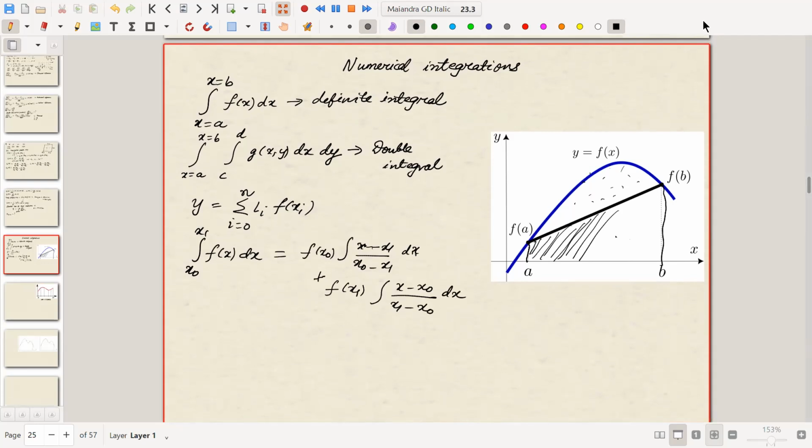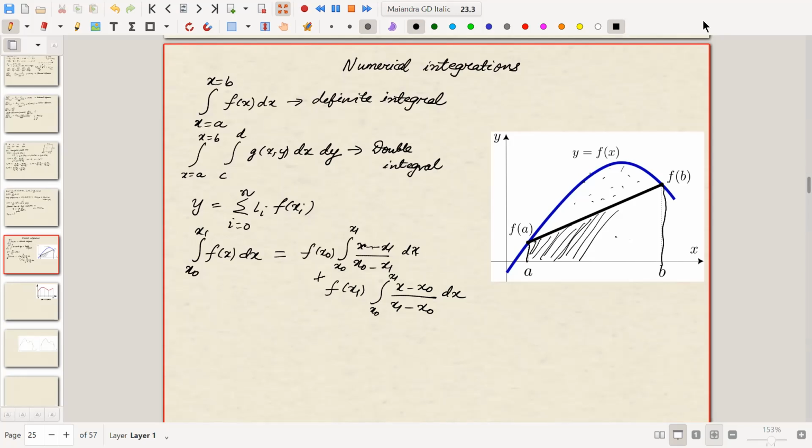Am I doing something wrong? I have not mentioned the limits. Did you understand this? See, y is a summation of Li f(xi).